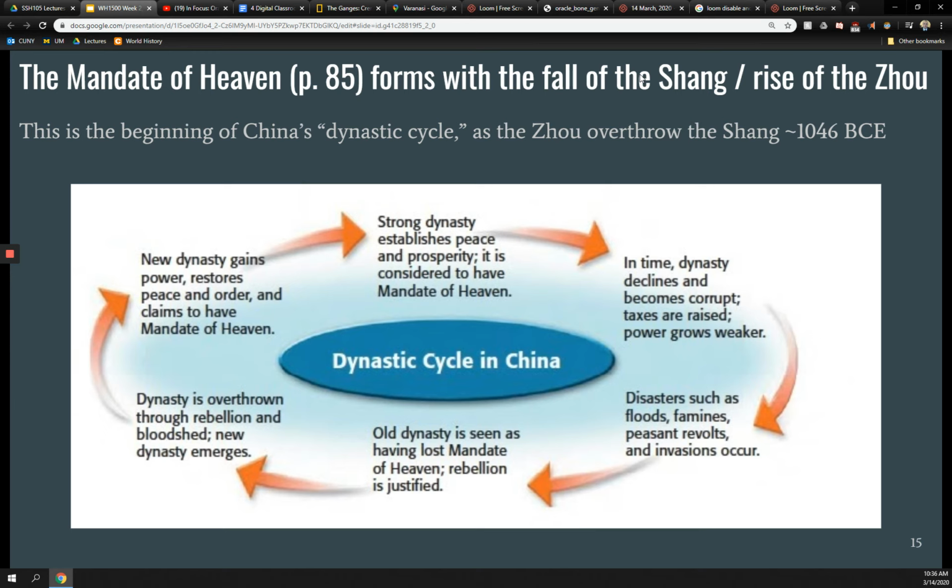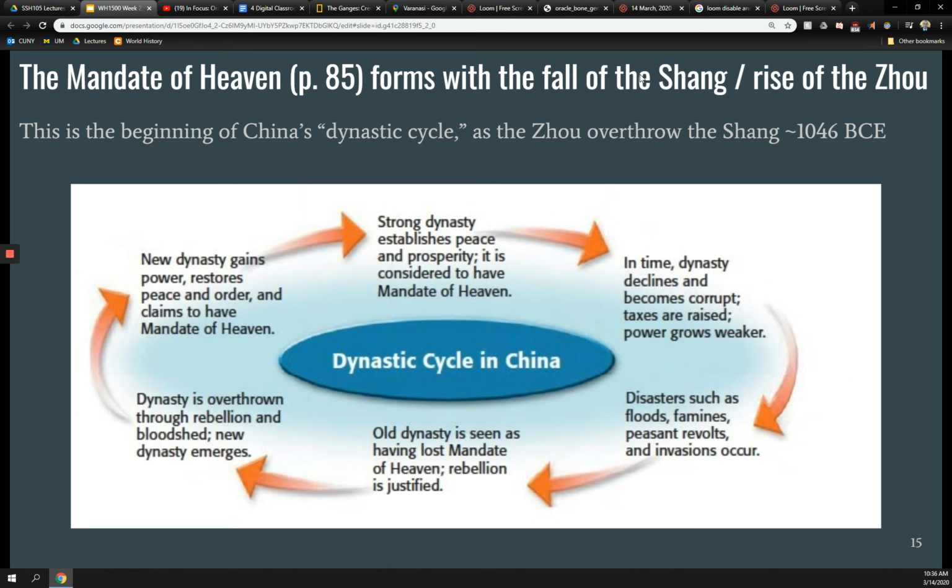Generally speaking, when you lose the mandate of heaven, there's a big rebellion and they kill you or kill members of your dynasty or your empire. And so this is a cycle that does involve revolutionary violence. And it is therefore justifiable, if the ruler of China is doing a bad job, to rise up and kill them.